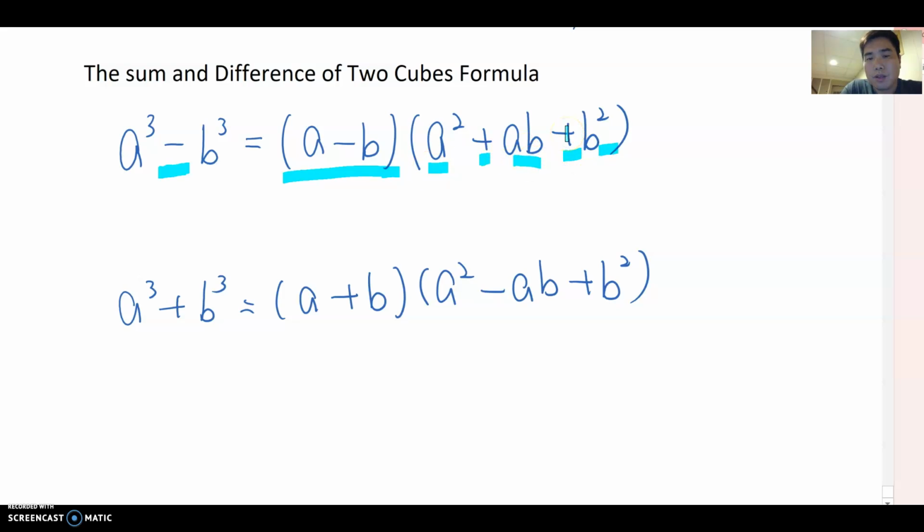But if it is plus, then the first factor has a plus b, and the second part starts with minus and then plus. So that is the key point here. Unless you do it correctly, you won't get the correct factoring form. So please be careful. Okay, then from now on, we will talk about a few problems.